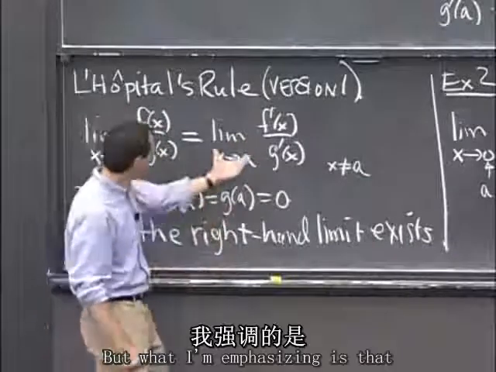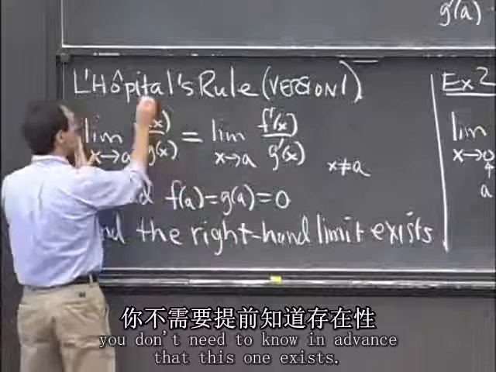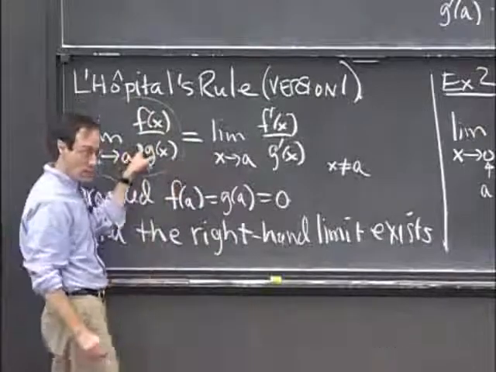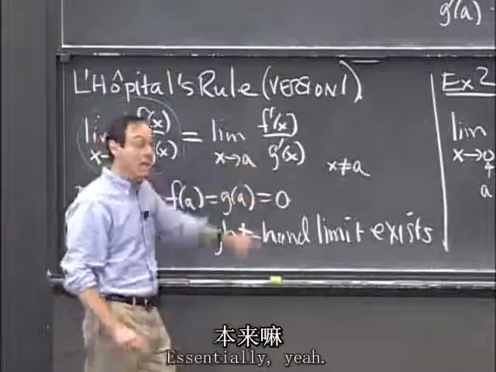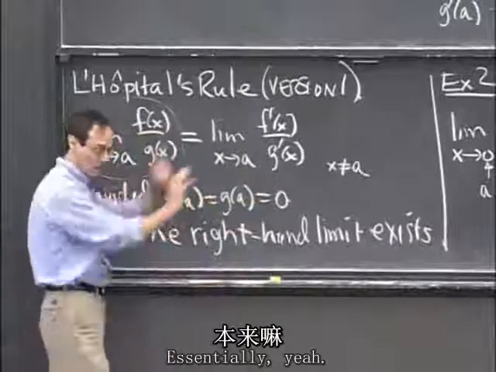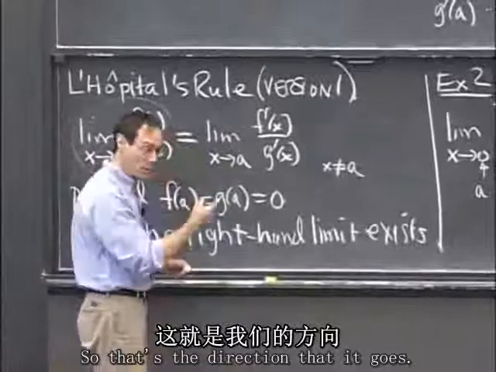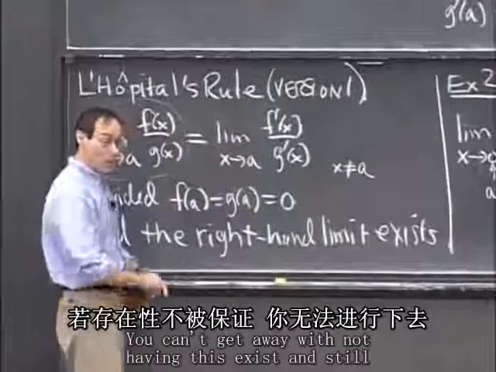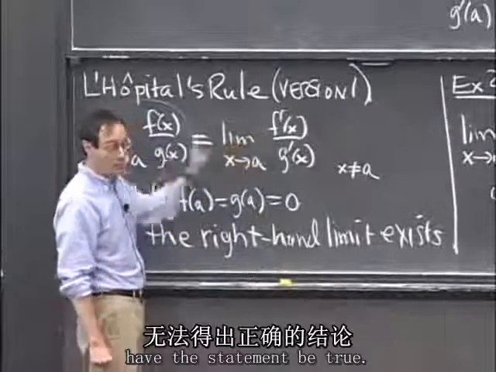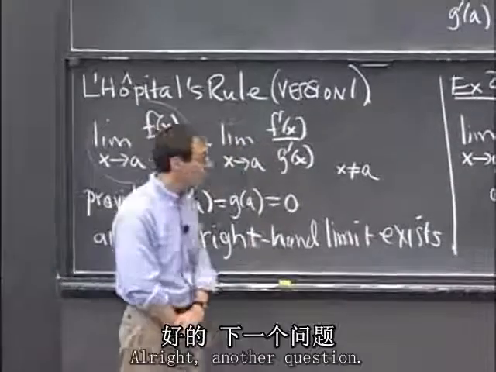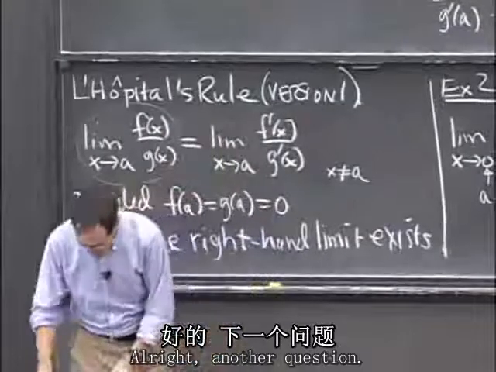But what I'm emphasizing is that you don't need to know in advance that this one exists. You do need to know in advance that that one exists. Essentially, yeah. So that's the direction that it goes. You can't get away with not having this exist and still have the statement be true. All right?